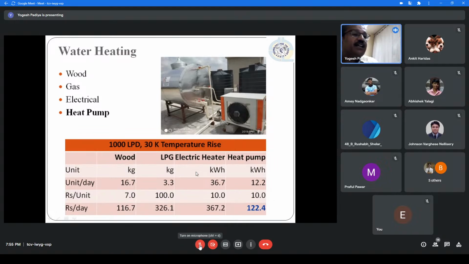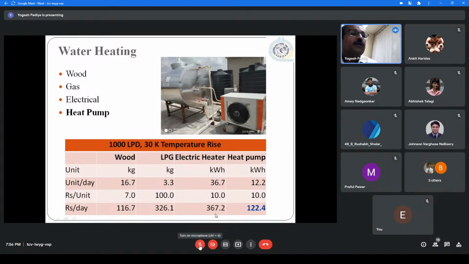If you use an electric heater instead, and say I will keep an electric heater in each room and pay the light bill, then his electricity consumption per day will be 36 units, and if the cost of light is 10 rupees per unit, which is generally higher because in the commercial sector electricity tariffs are different, it may be 12 to 14 or 15 rupees per unit, then accordingly this light bill will be higher than this.